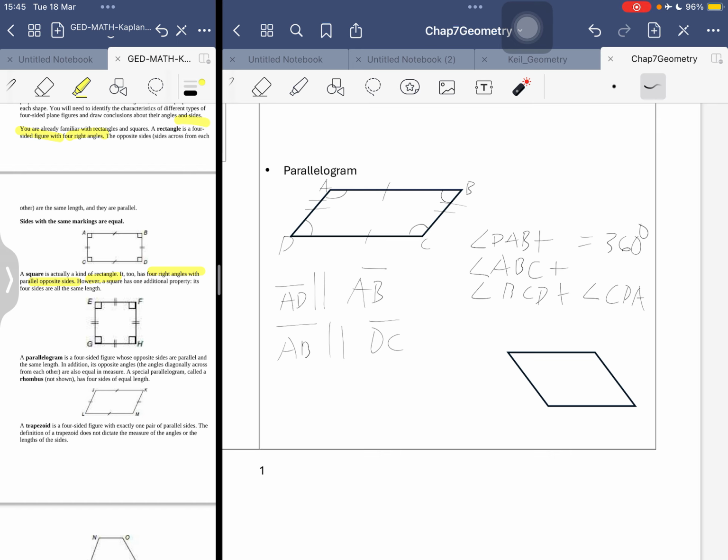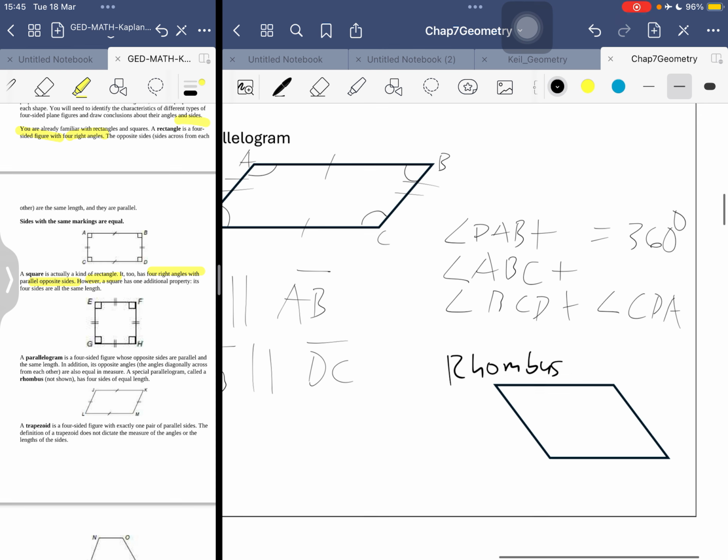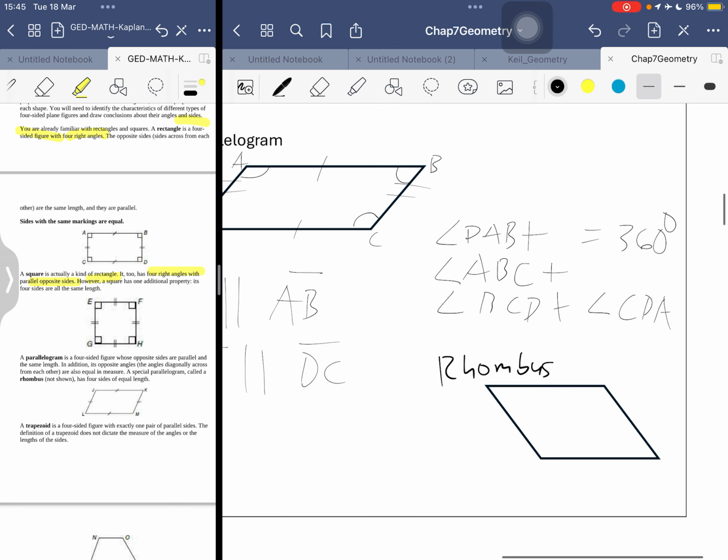Then next, we have another shape which is similar to a parallelogram. It's called a rhombus. It is like a parallelogram, but it's also like a square, meaning all sides are equal, but the angle is not 90 degrees.